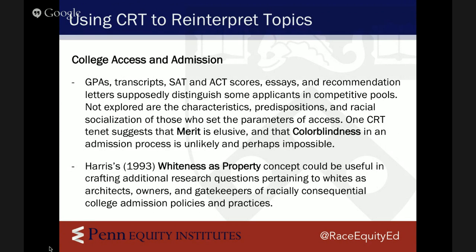Not explored, though, and when I say not explored, I mean not explored oftentimes in the college access literature, are the characteristics, predispositions, assumptions, and racial socialization of those who set the parameters of access, right? Those who set the policies that determine the metrics by which students will be evaluated and deemed admissible or not.